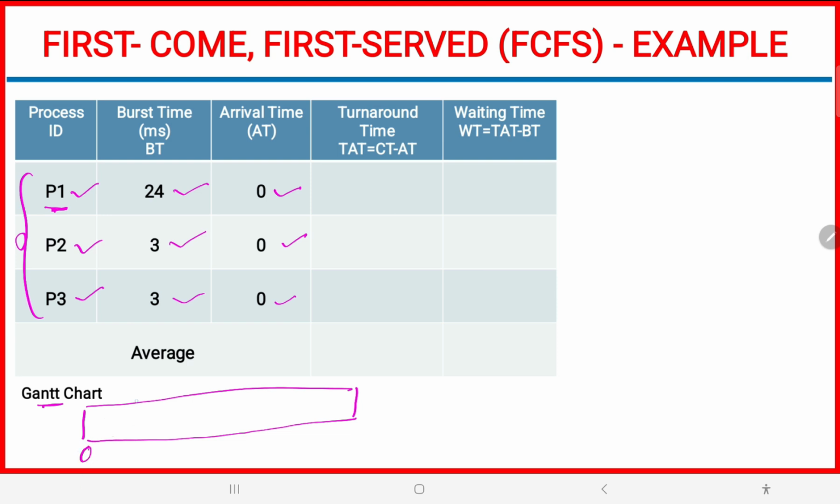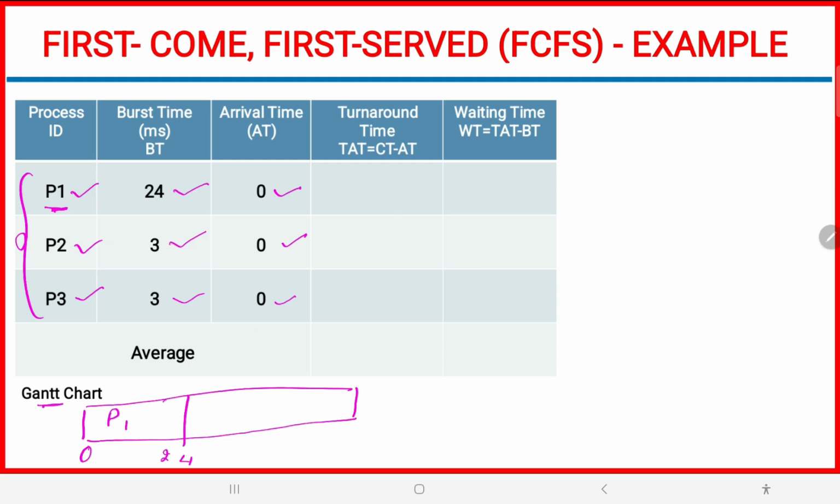Once P1 came, it got access to the CPU, so P1 is now executing, and it continues for how many milliseconds? It continues for 24 milliseconds. So from 0 to 24 milliseconds, it is P1 that continues.